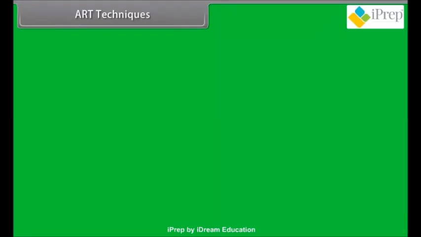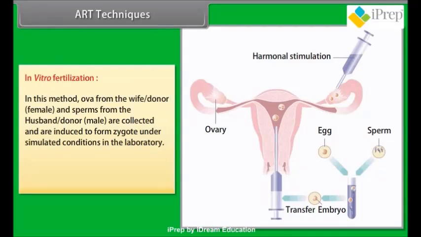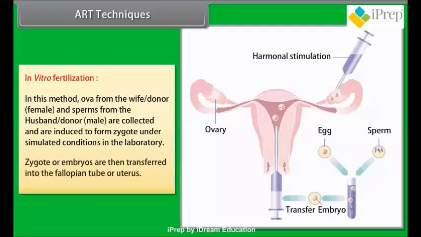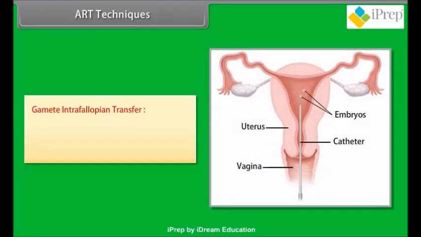ART techniques. In vitro fertilization. In this method, ova from the wife or donor female, and sperms from the husband or donor male, are collected and are induced to form zygote under simulated conditions in the laboratory. Zygote or embryos are then transferred into the fallopian tube or uterus. Gamete intrafallopian transfer.